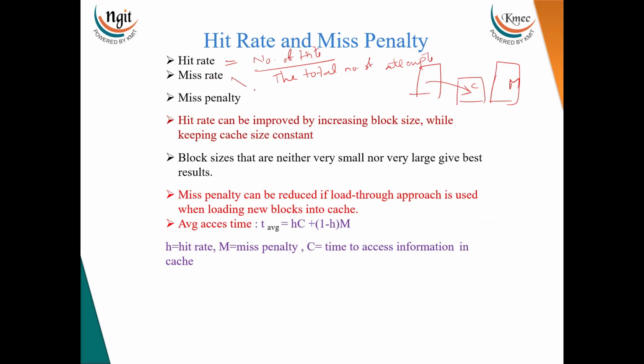Now what is miss rate? If the processor searches for the data in the cache and the data is not available, then that is called a miss. The miss rate is equal to 1 minus hit rate, or the number of misses divided by the total number of attempts.